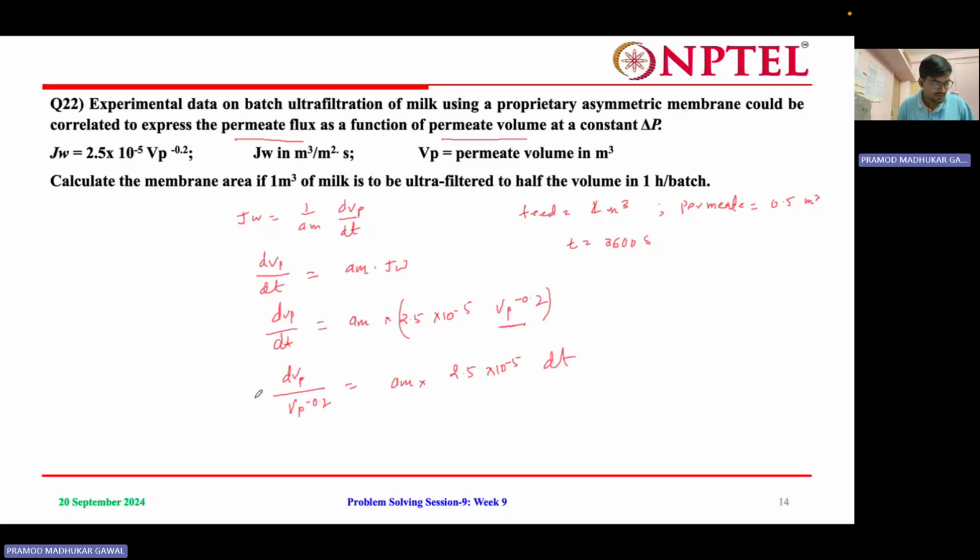Now we have to integrate, Vp from 0 to 0.5 and time from 0 to 1 hour.